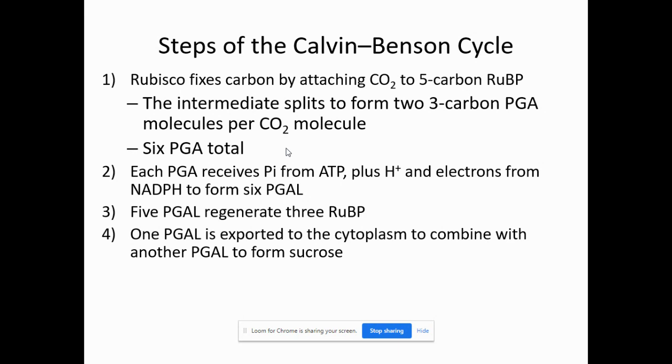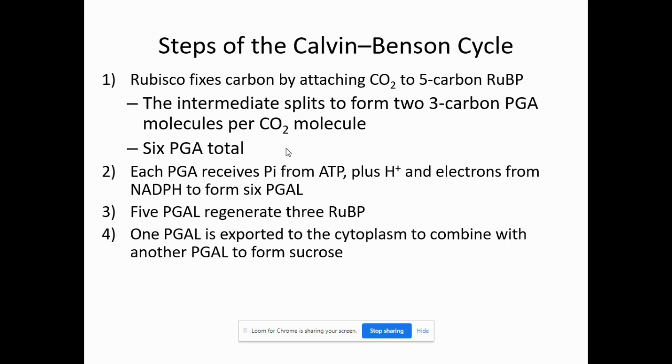The first step of the cycle is that Rubisco attaches CO2 to a 5-carbon molecule called RuBP. And then eventually this 6-carbon molecule will split, and that's when you get the building of the sugar molecule.